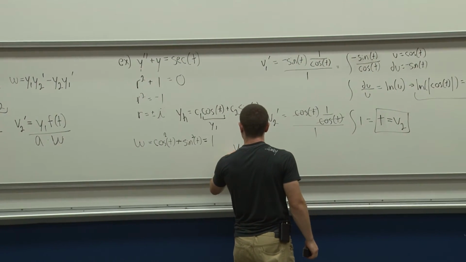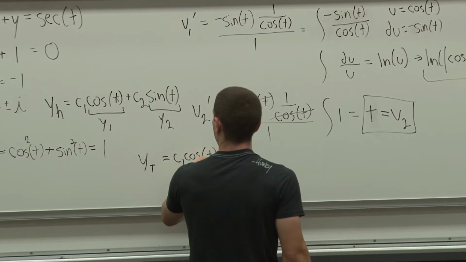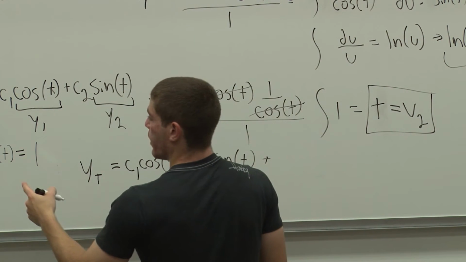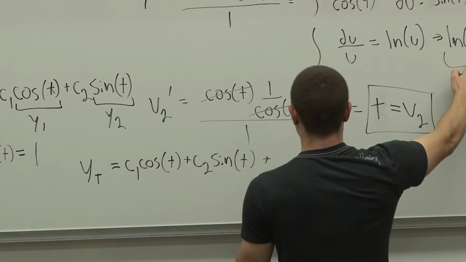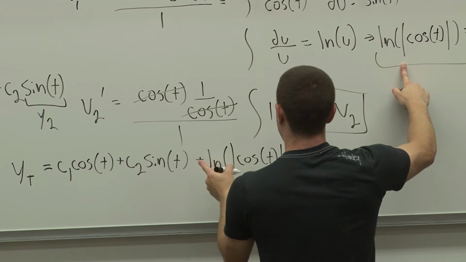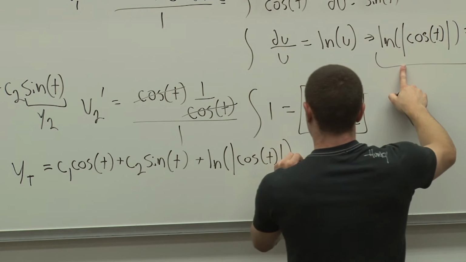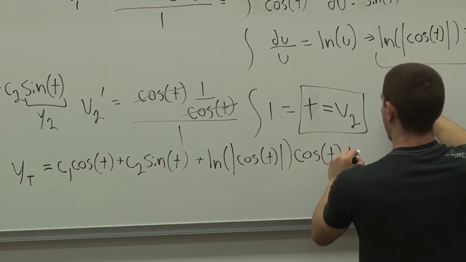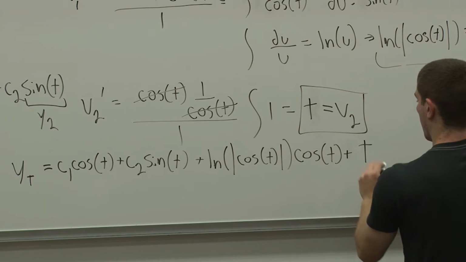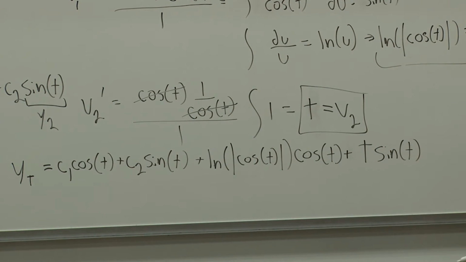Our y total is equal to our homogeneous, which is c1 cosine of t plus c2 sine of t, plus our particular, which is v1, natural log of the absolute value of cosine of t, times y1, which is cosine, plus v2, which is t, times our y2, which is sine. OK. So that's your answer.